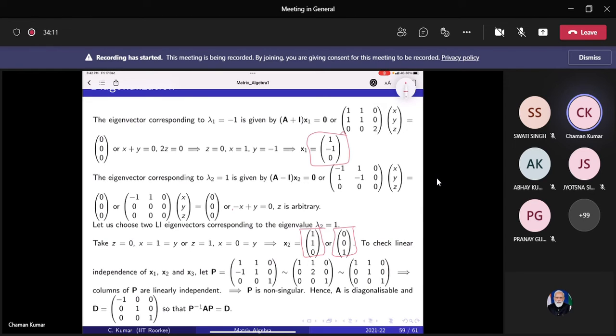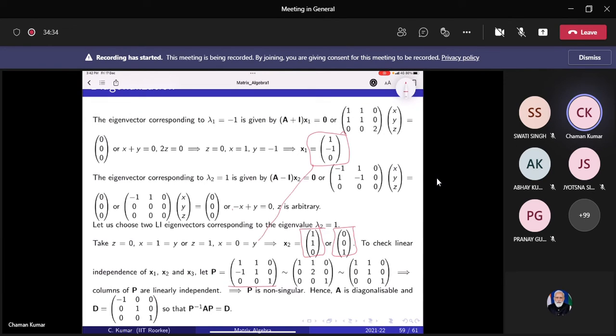These three eigenvectors are linearly independent, right? We said that if the eigenvectors are linearly independent, then A is diagonalizable. So here we can say that A is diagonalizable. And you can find the matrix P by arranging these eigenvectors as the columns.